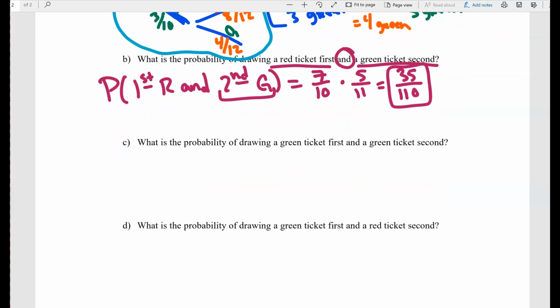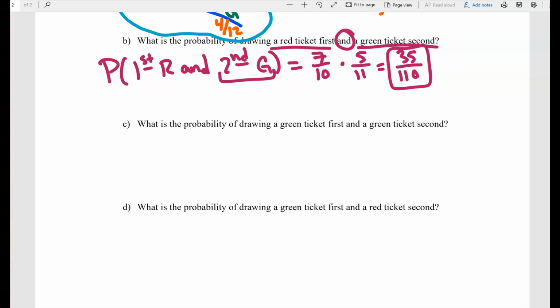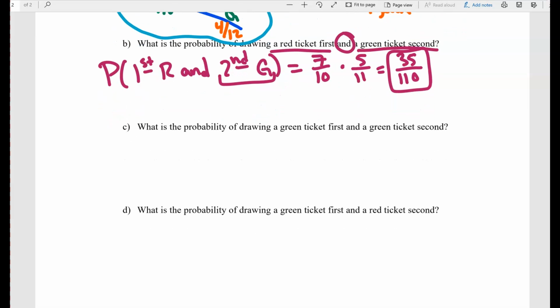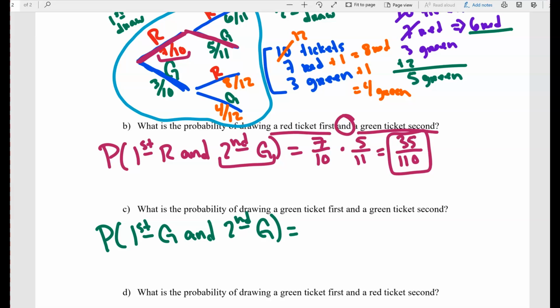Okay, part C, what is the probability of drawing a green ticket first and a green ticket second? So we're looking for the probability of the first one being green and also second one being green. So here's the first one being green, that is just 3 out of 10.